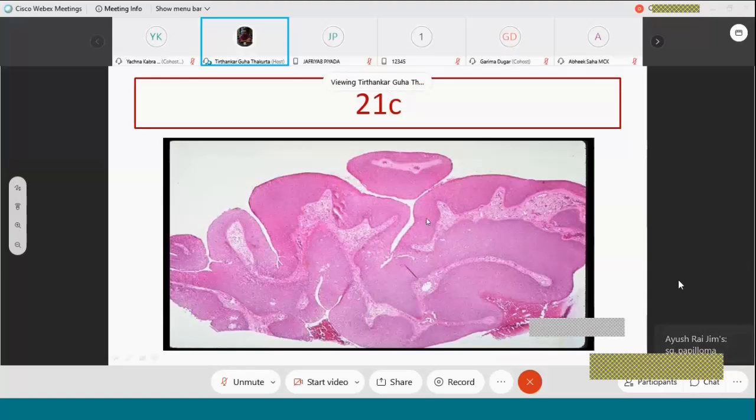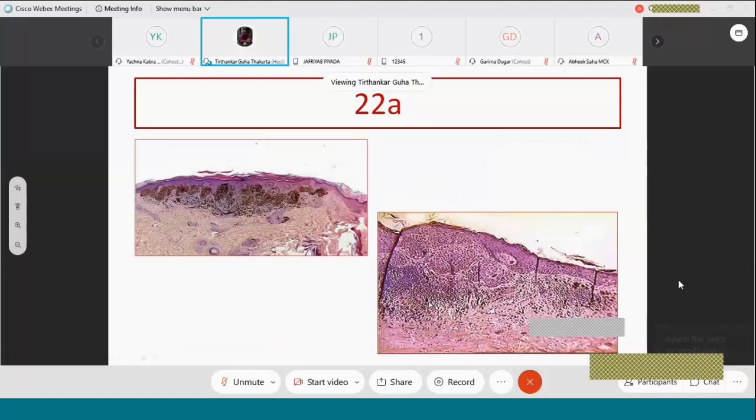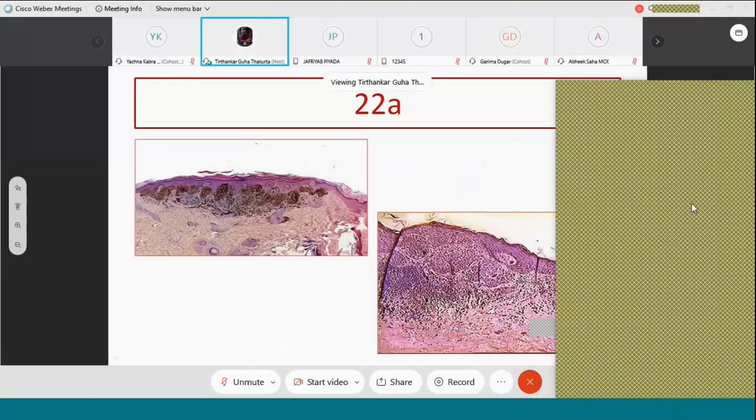What is this tumor called? Very good. This is melanoma. Any brown tumor in your exam?